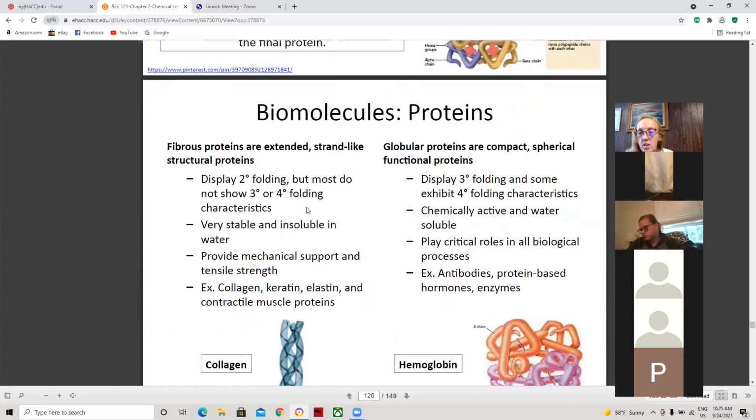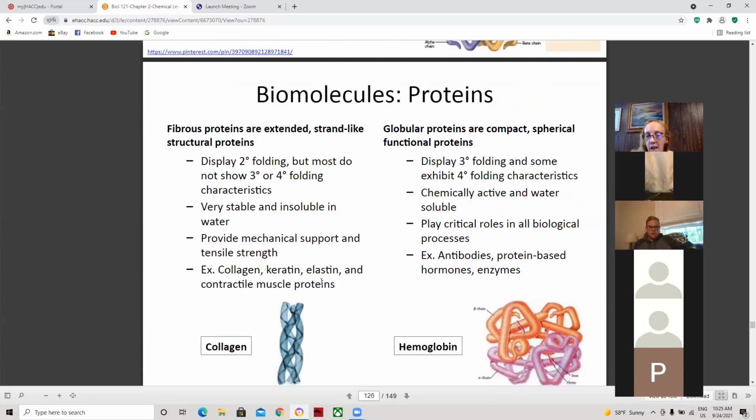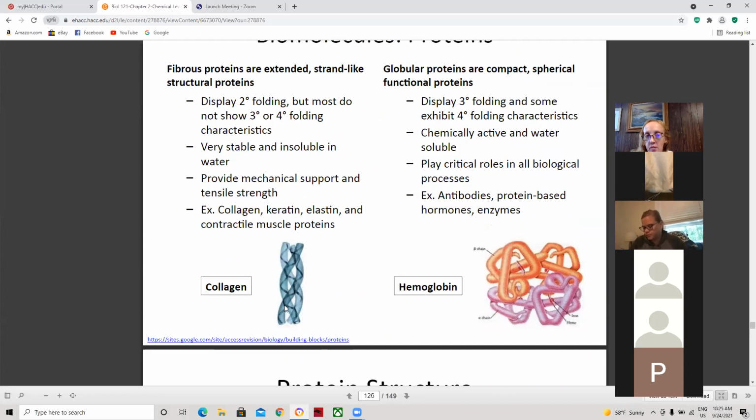So we have two types of proteins. We have fibrous proteins that are extended strand-like proteins, like collagen. A lot are proteins that are parts of the cytoskeleton, display secondary folding, but do not show tertiary or quaternary folding characteristics. They're very stable and insoluble in water.